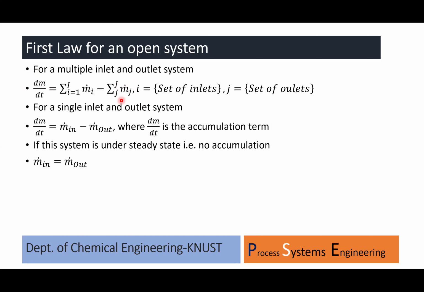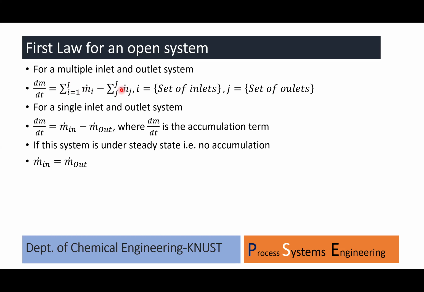Because remember we said the accumulation is equal to the flow in minus the flow out. So if I have a system that has three inlet streams, I have to consider the flow in for all those three streams. If the system has two outlet streams, I have to consider the flow out for all those streams. That's why we have the summation here. So it is adding the flow of all the inlet streams. This is adding the flow of all the outlet streams.